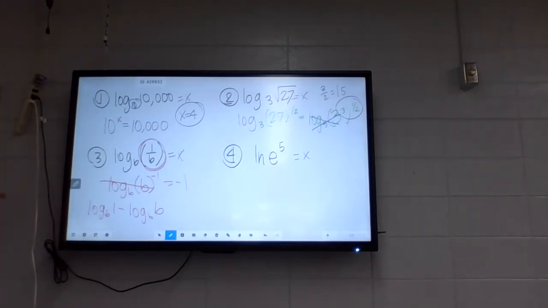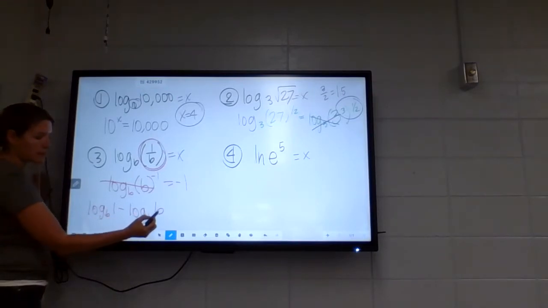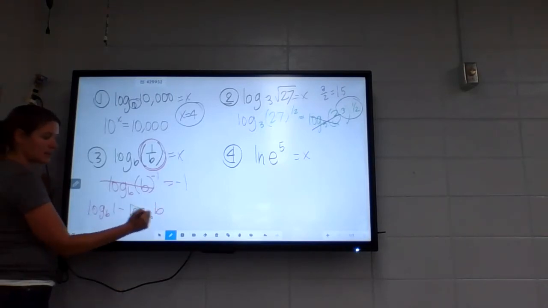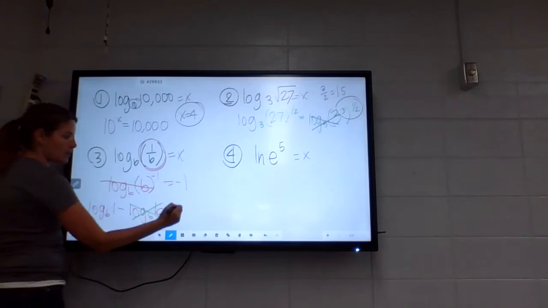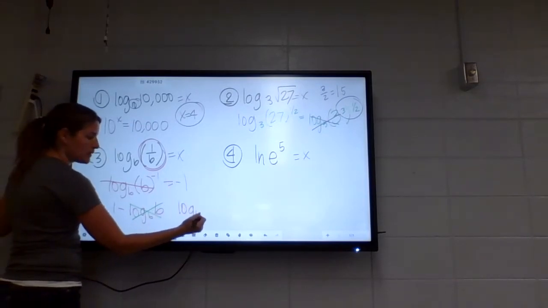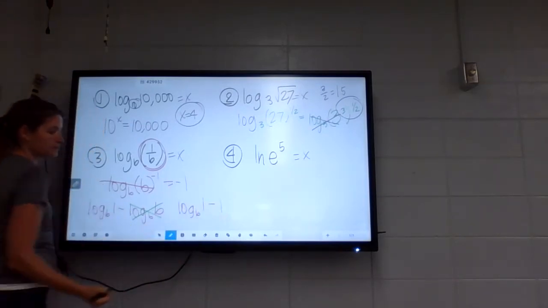It's kind of crazy how this works out, and it'd be harder to find, but it works. Because log base b of b is just 1, it cancels. This cancels out to just be 1. So this really becomes log base b of 1 minus 1.